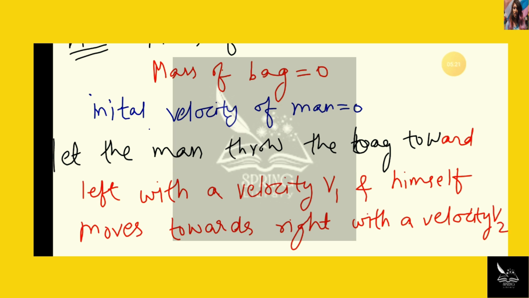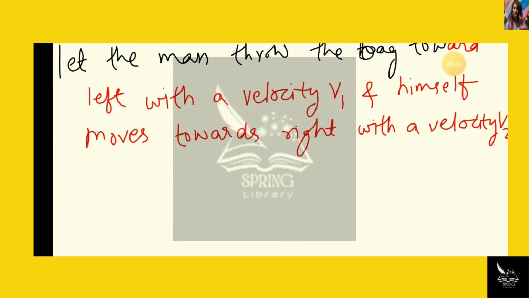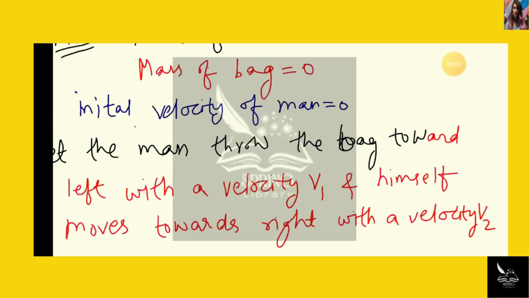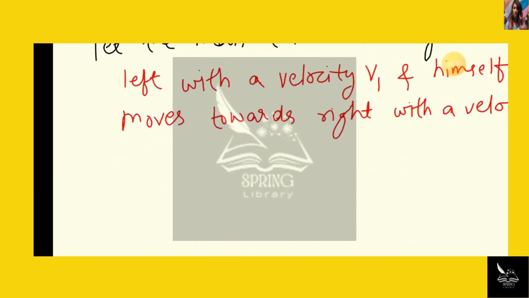So the next step is, after writing the velocity of the bag and the velocity of the man at this point, when the height from the bottom is small h, I will apply the law of conservation of momentum.